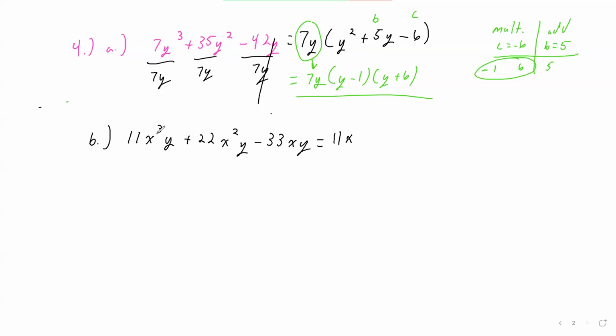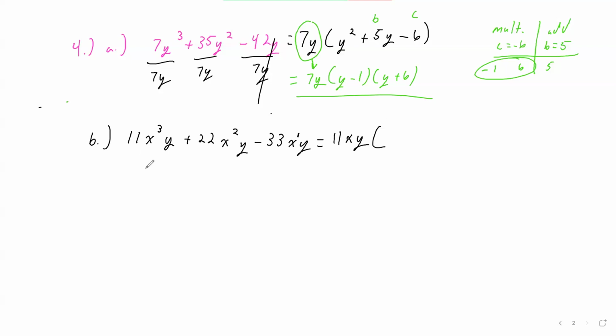When we don't add them, we look at the smallest exponent. So this is a 3, this is a 2, so there's a 1 here. So it'd just be an x. What about the y? It would just be a y as well.